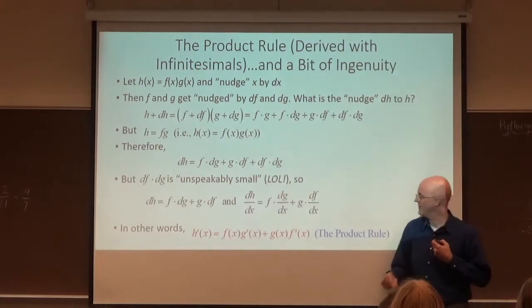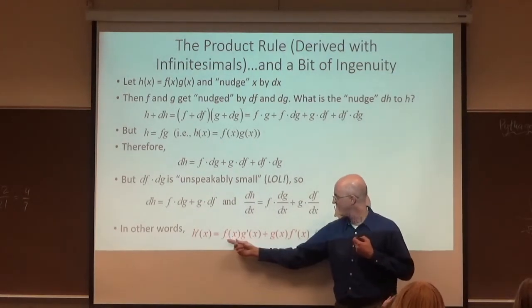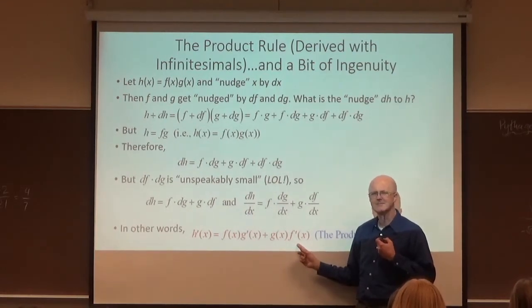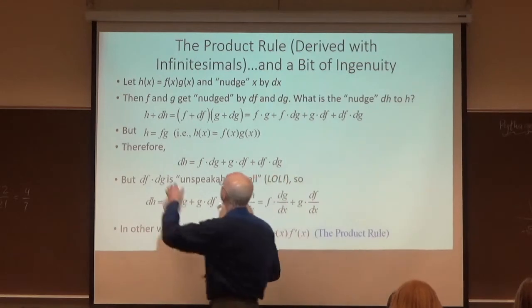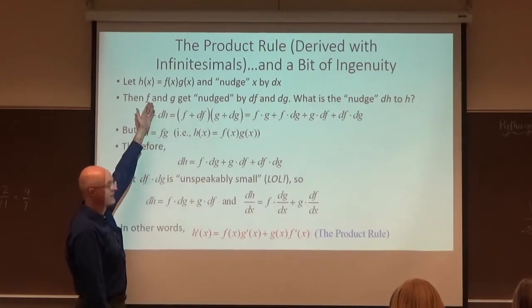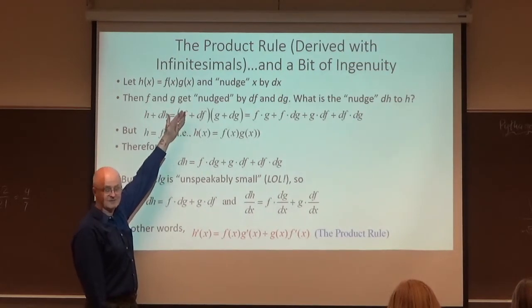In the 3Blue1Brown video, this was said as a way to remember this: left d right plus right d left. In the original function h of x, it's a product f of x times g of x, the left function and the right function.